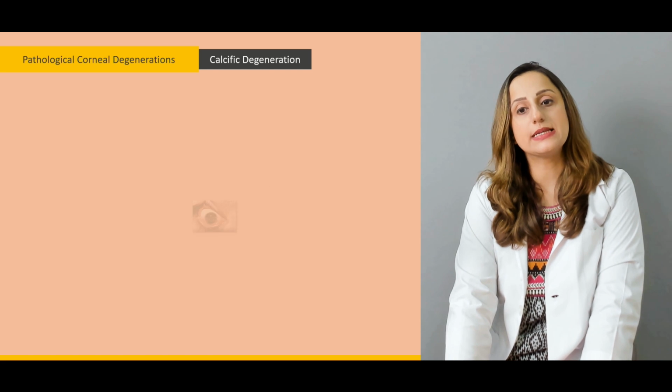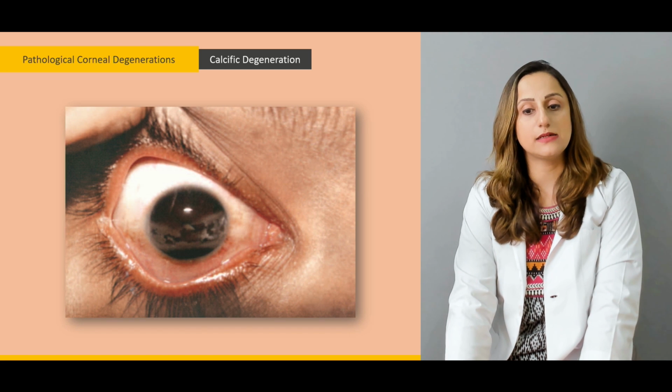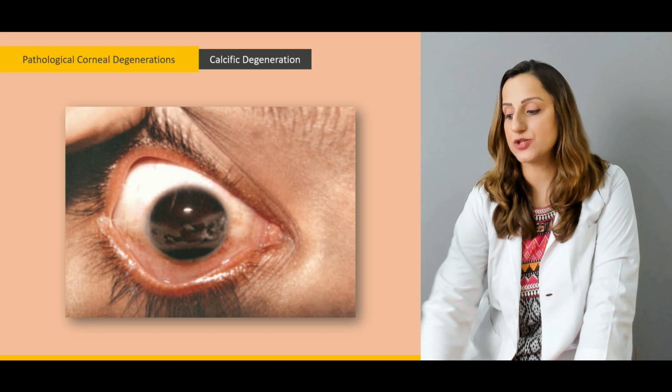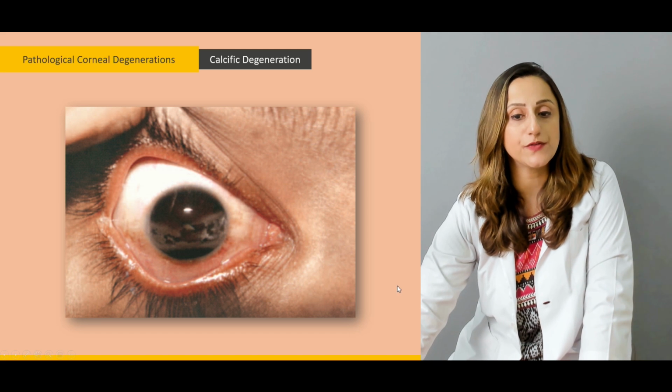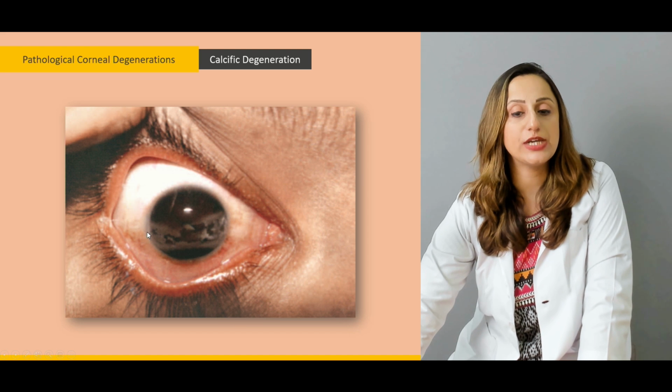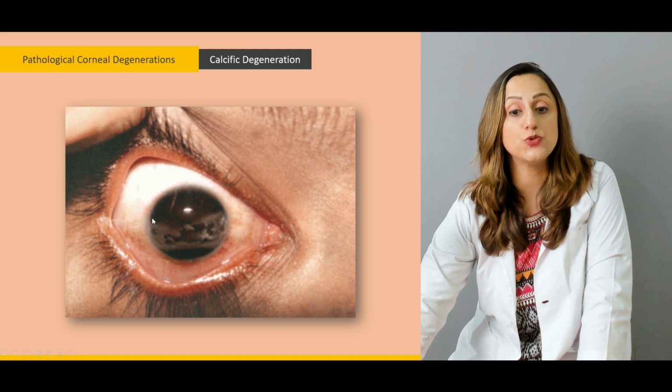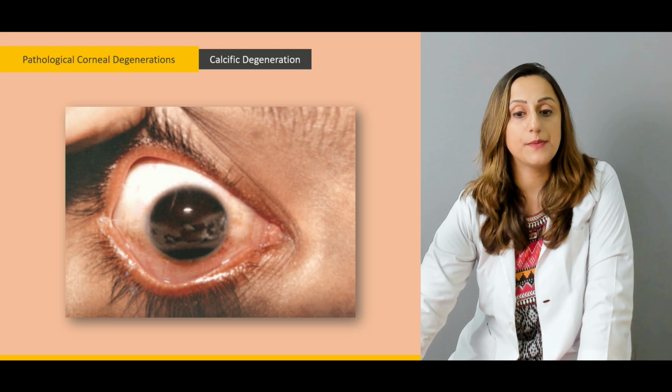Calcific degeneration is again very important, and sometimes you can come across this kind of band-shaped keratopathy in these patients. As you can observe, this is a band-shaped keratopathy. This is usually a band that is formed on the cornea. It is not involving the limbus particularly, as you saw in all of the other pathologies.